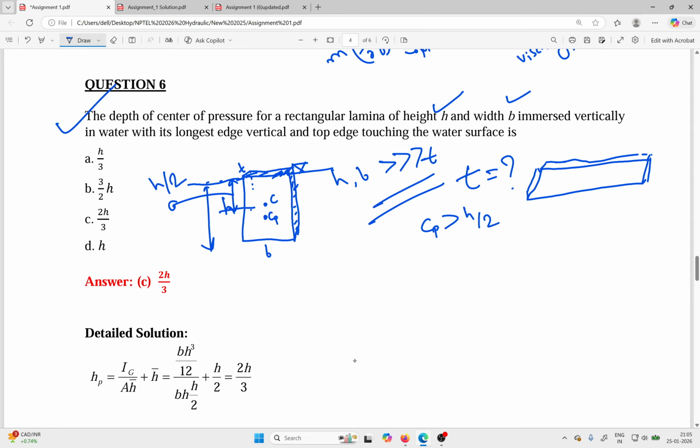So what will be the solution? This is represented here by hp, and this will be h bar. So h bar is h by 2. What is IG? IG is the moment of inertia about the centroid, here you can write C and G both.